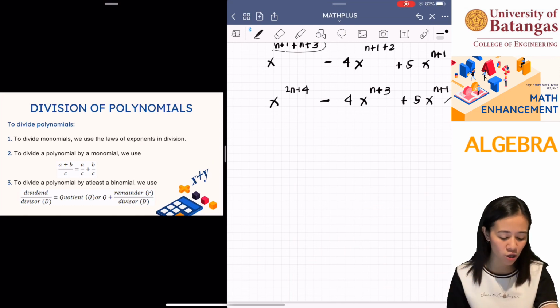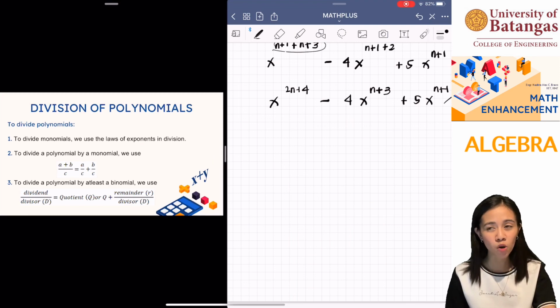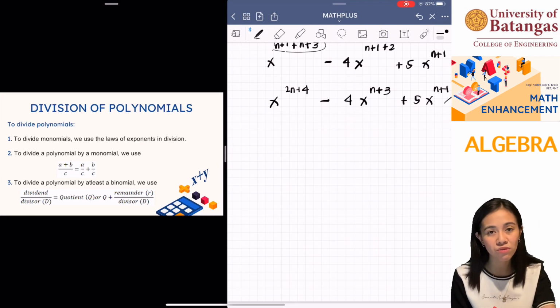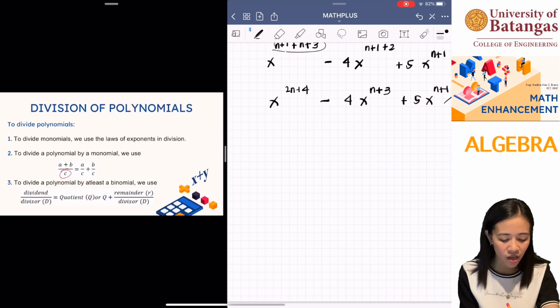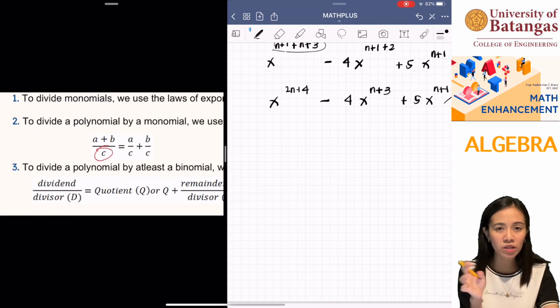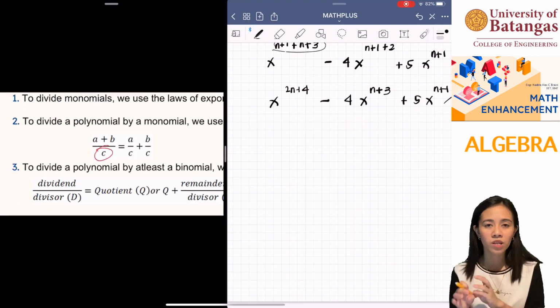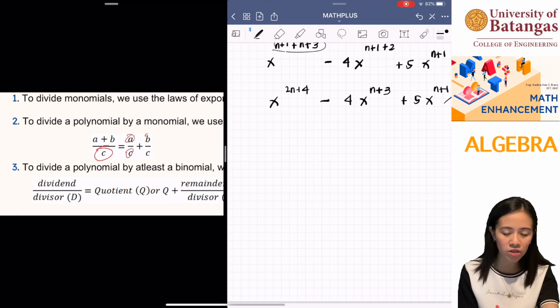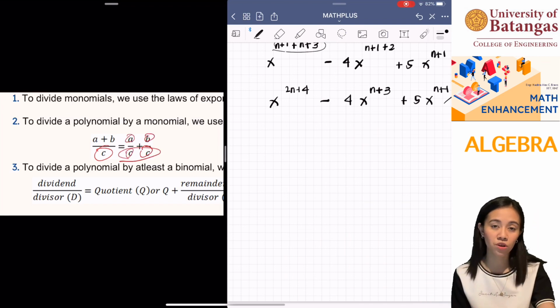Parang sinusubtract natin exponent. For number 2, you divide the polynomial by a monomial. When you divide a polynomial with a monomial, we simply, para bang distribute, diba? Instead of a single fraction here, parang ginagawa natin is, if you have a plus b over c, sineseparate natin dito sa several fractions, yung numerator mo, as a over c plus b over c. So, common denominator ito. Okay?